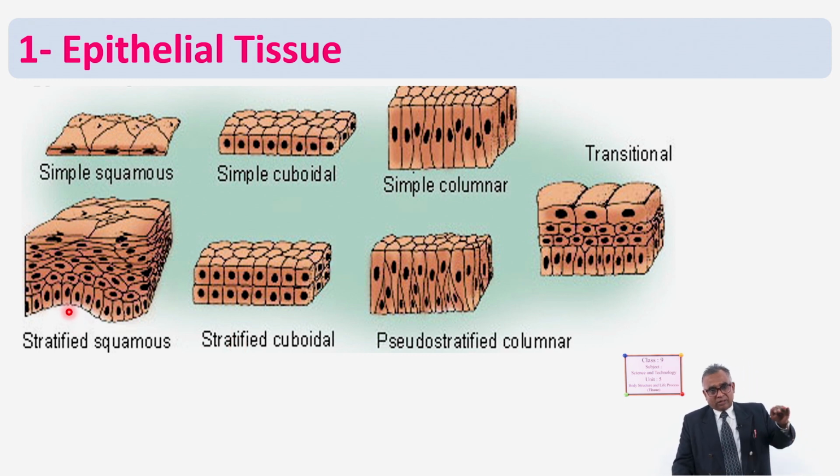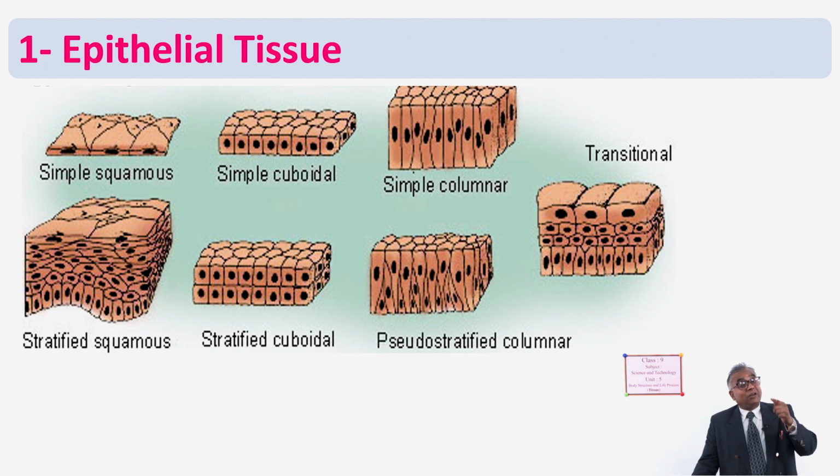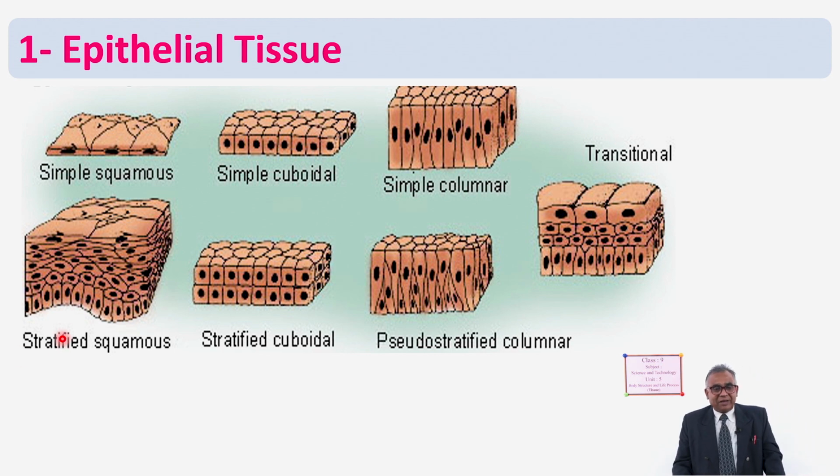That means the layers of cells are found one over another. So they may have single layer or many layers. Main types are squamous, cuboidal, and columnar. I introduced 4 because the glandular one is modified from them. Main are 3.